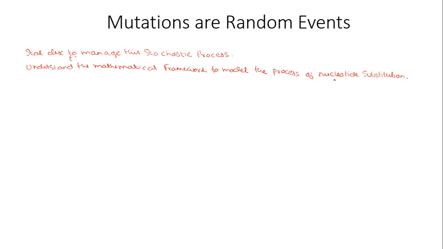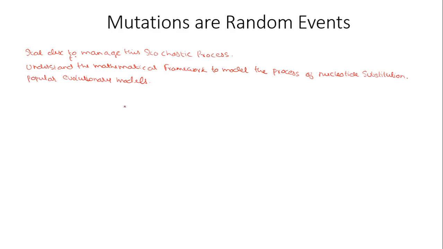Right. Our aim will be to discuss some popular evolutionary models that are used to describe such substitution of nucleotide or amino acid and understand how they calculate genetic distance. Our focus will be on nucleotide sequences over here.